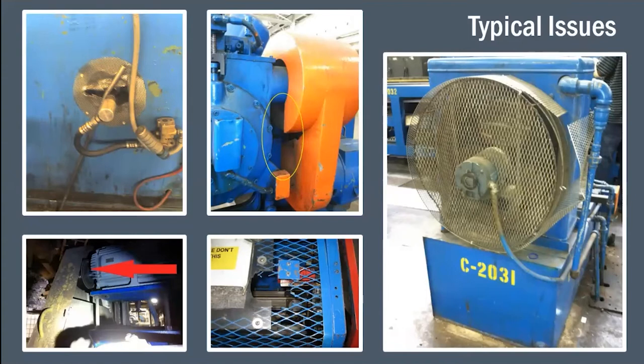We've got guards that are not securely affixed or not robust enough to stand up to the operation and have come loose. And we have guards that have been modified by maintenance or somebody that needed access to something and didn't want to have to stop and remove the guard. So these are common issues we see with fixed guards.